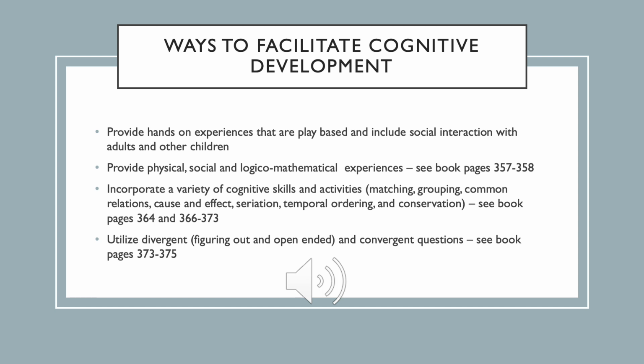More information on these different types of activities and opportunities is on 364 and 366 to 373. And then last but not least, thinking about utilizing divergent thinking and open-ended opportunities for discussion.